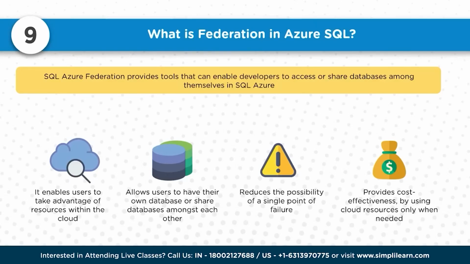Sharding enables users to take advantage of the resources in the cloud. Not only that, it allows users to have their own database or a shared database amongst each other. Because we're creating a highly available database with shards, it reduces the possibility of a single point of failure for our database.